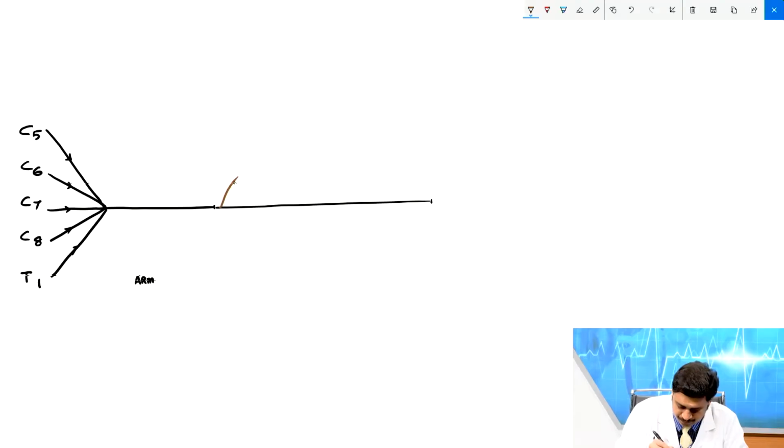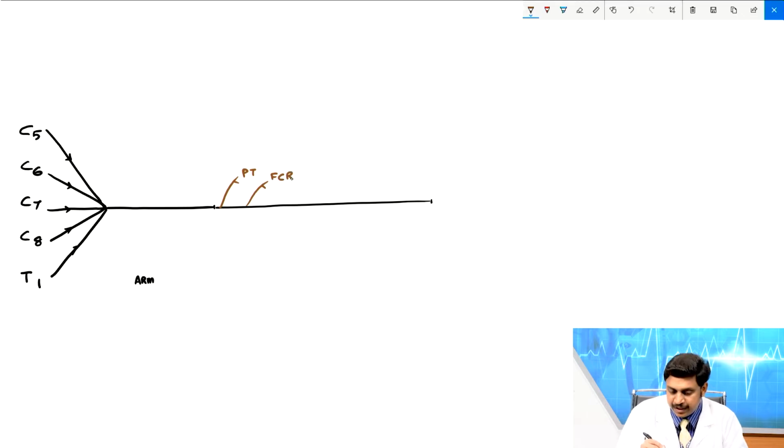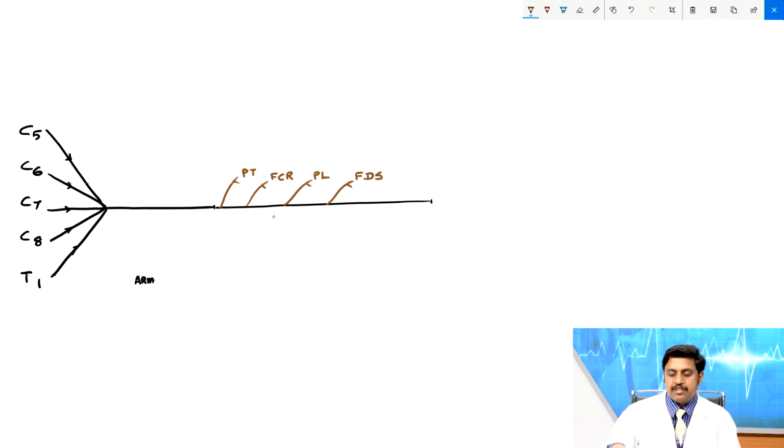Now, the median nerve in the forearm is going to supply, what are the muscles? Let us look at. Pronator teres, flexor carpi radialis, palmaris longus, flexor digitorum superficialis.